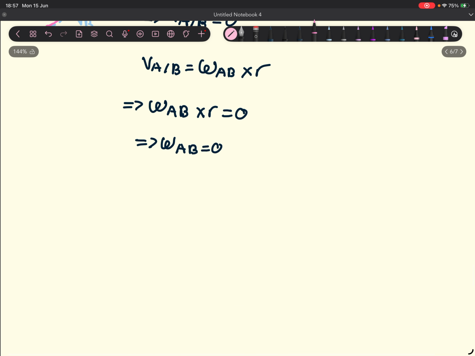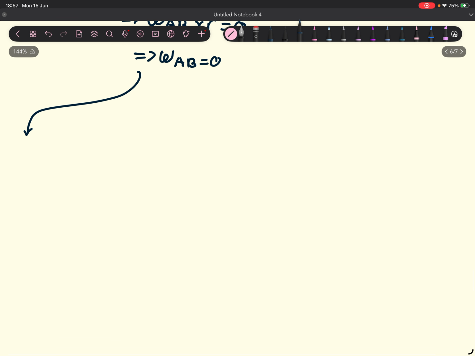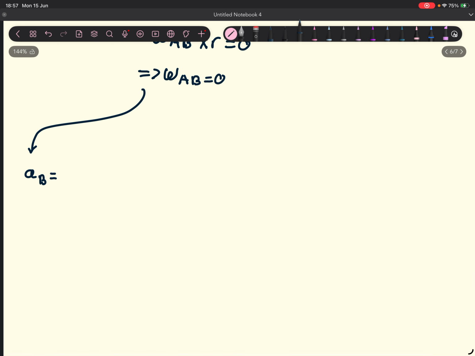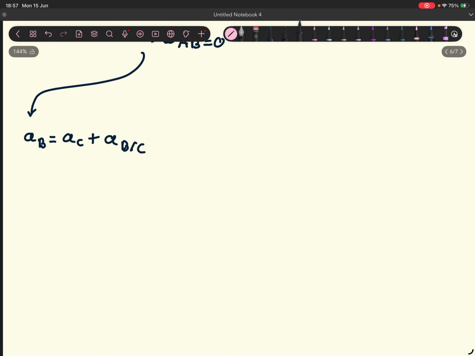Okay, so to get the acceleration of B, we can say acceleration of B is equal to acceleration of C plus acceleration of B relative to C.